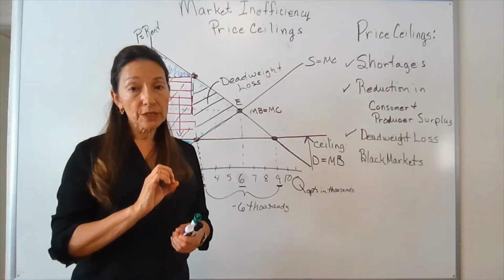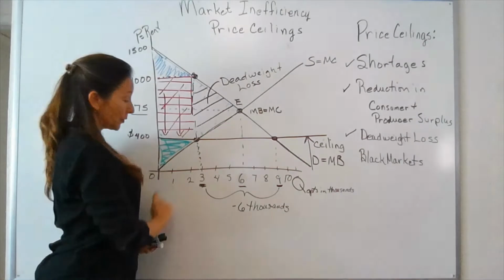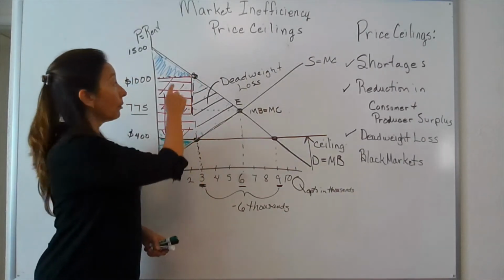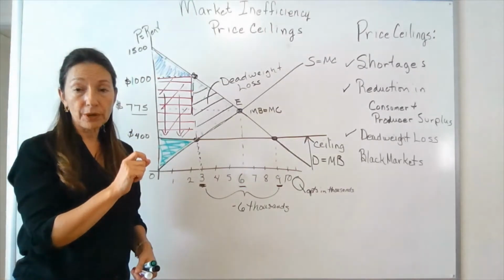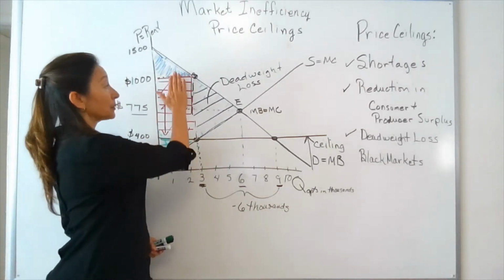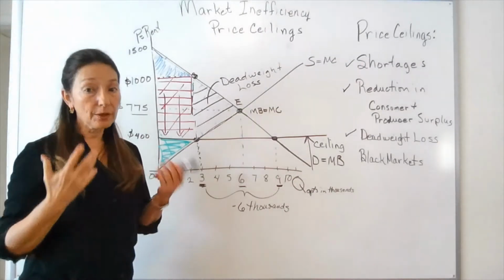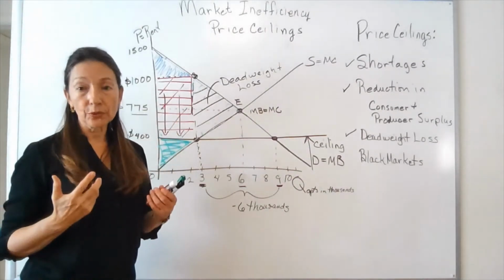There's also a situation where the consumers are benefiting. The ones who are benefiting are these first 3,000 apartment rentals where people are willing and able to pay more than the equilibrium price, but they don't have to. So then they also get some of the producer surplus transferred to them, and their consumer surplus actually increases.